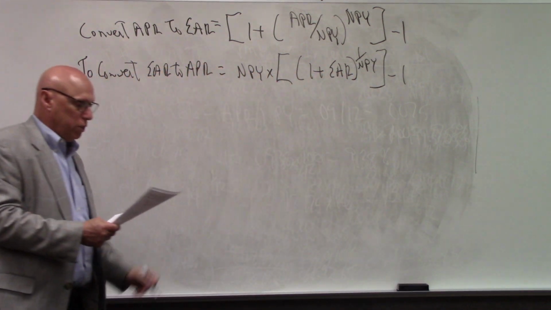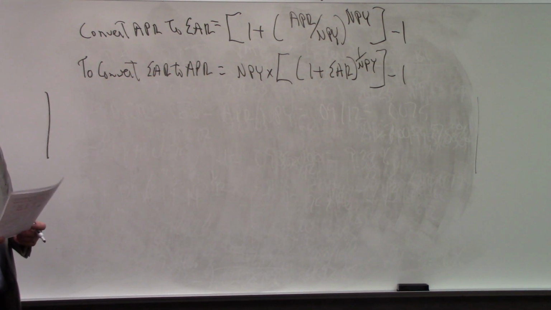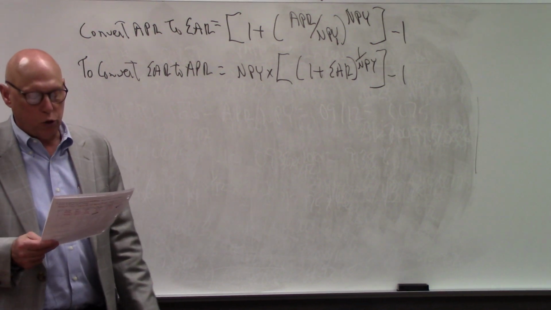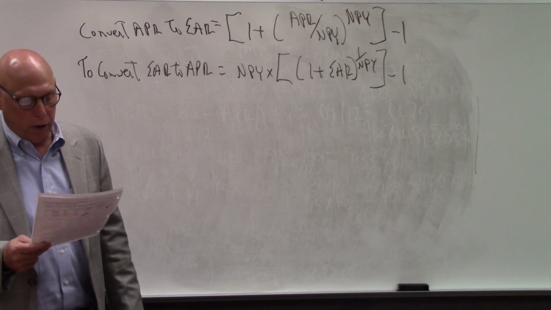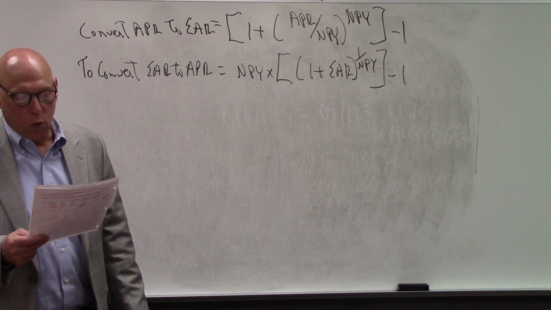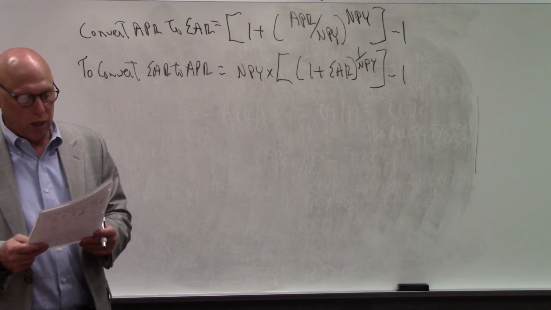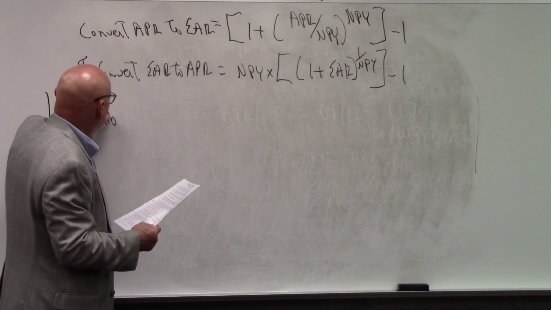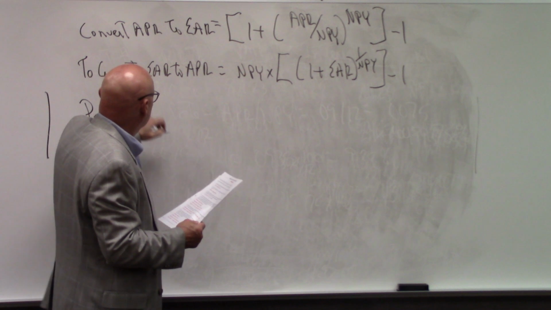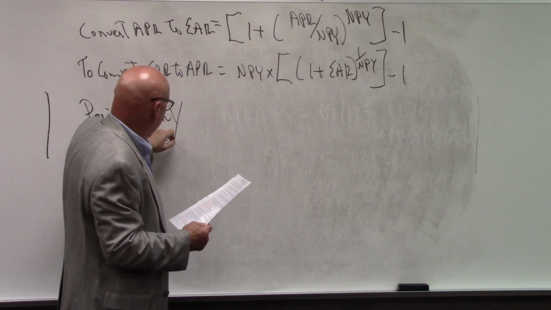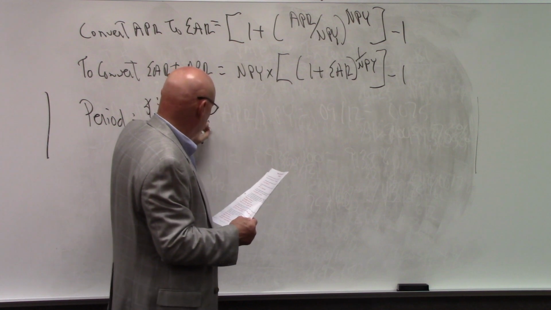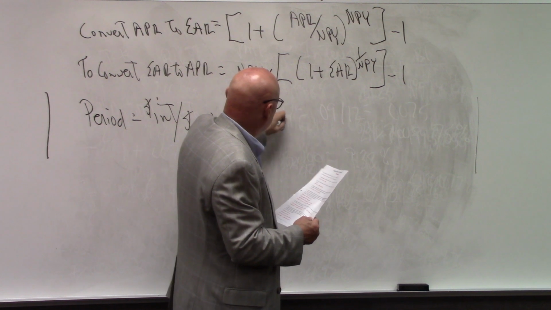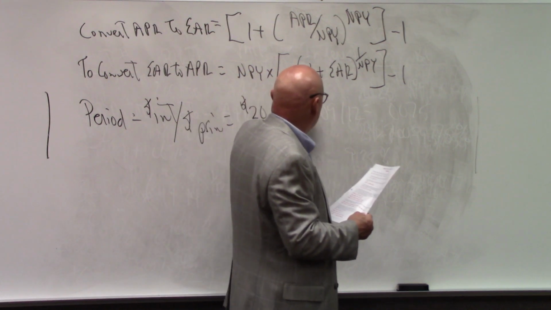Question 4. A small retailer buys inventory from a supplier. The supplier charges $20 interest on each $100 of inventory, gives you 18 days to pay. What is the period rate? How many pay periods? What is the APR? What is the EAR? So, let's find the period rate first. The period rate equals the dollar interest divided by the dollar principal, which is $20 divided by 100, which is 20%.